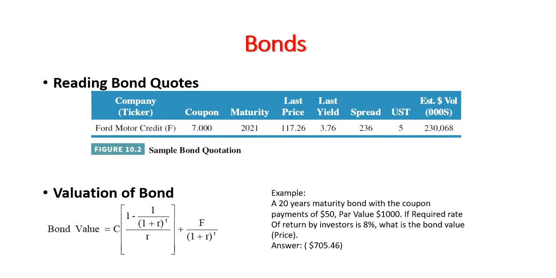What's F? F is face value. So we mean $1,000. And we have also divided by 1 plus R, again, rate of return required by investors, to the power of t, in this case, is 20.